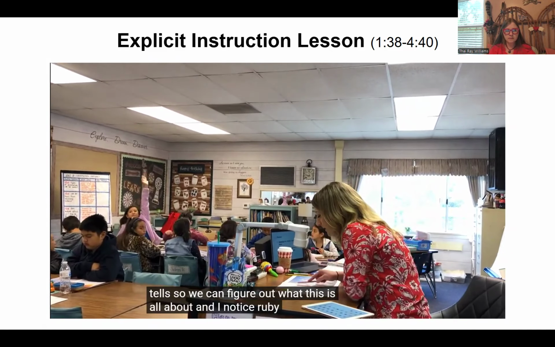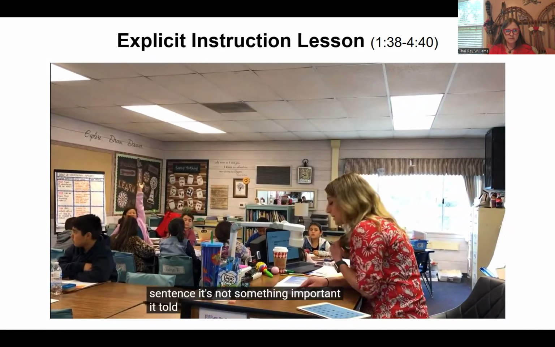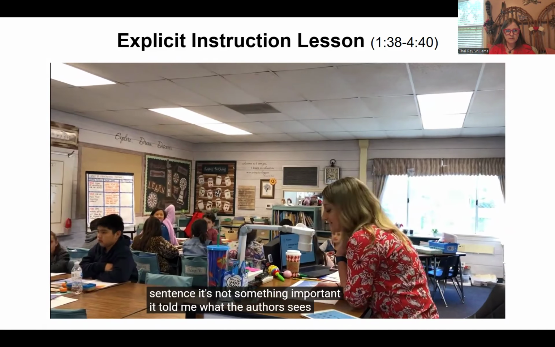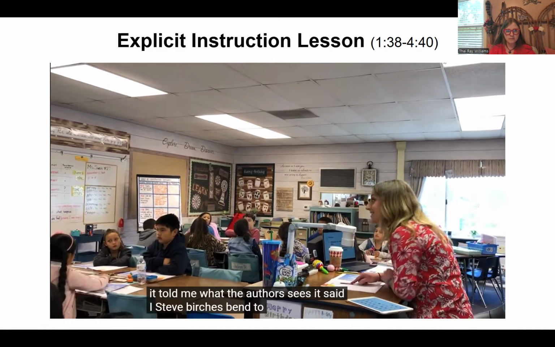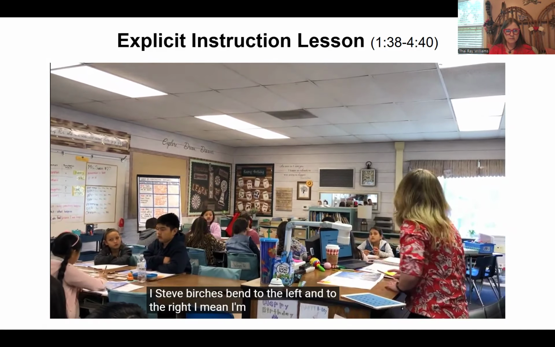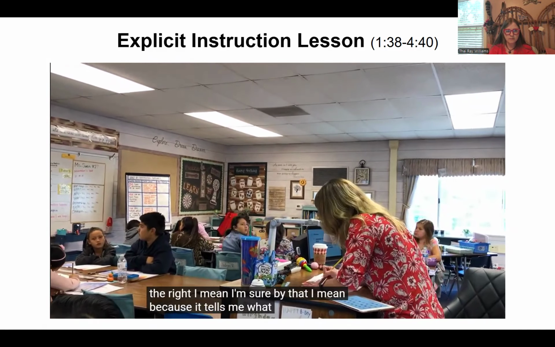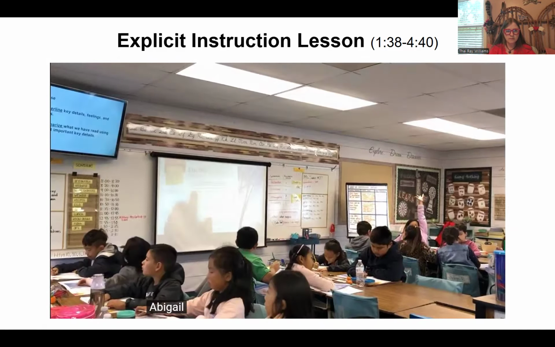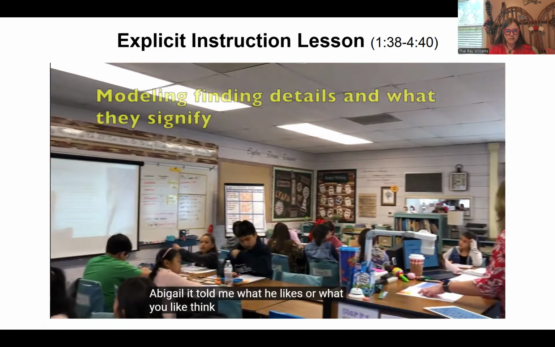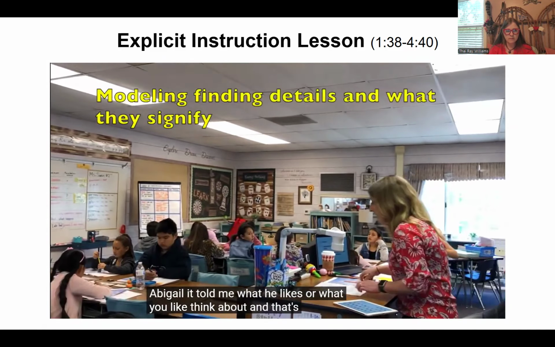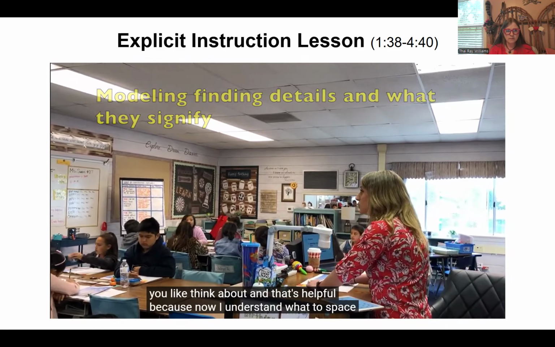And I noticed, Ruby, in the first sentence, it said something important. It told me what the author sees. It said, "I see birches bend to the left and to the right." I'm going to underline that, Arlena, because it tells me what he sees. Abigail, it told me what he likes to think about. That's helpful because now I understand what he's thinking.